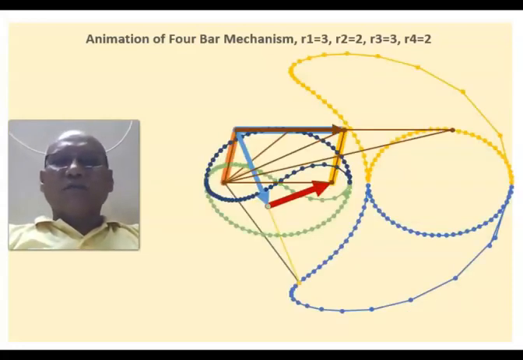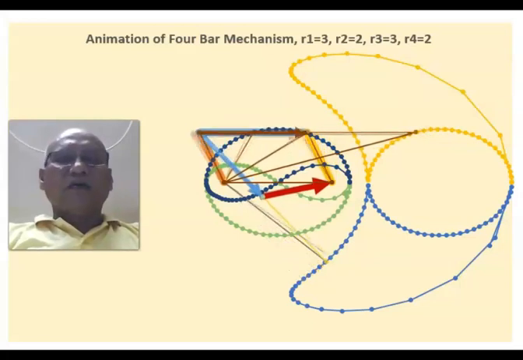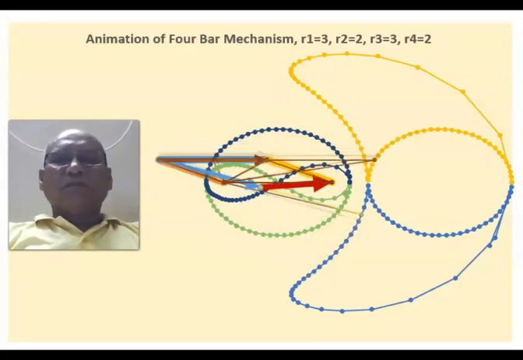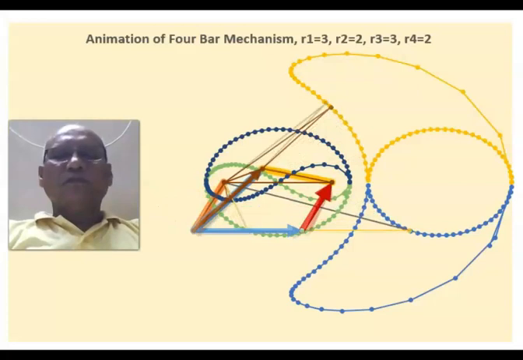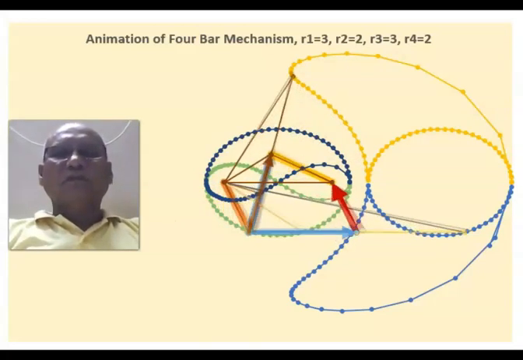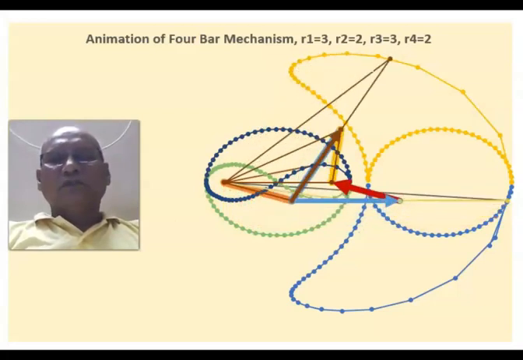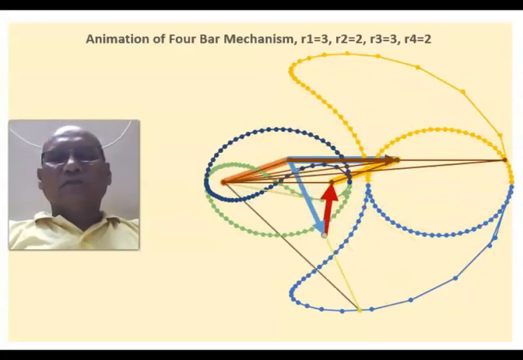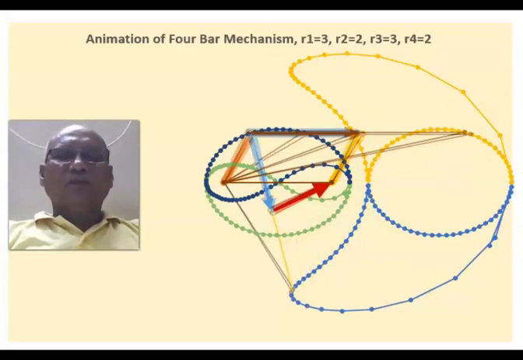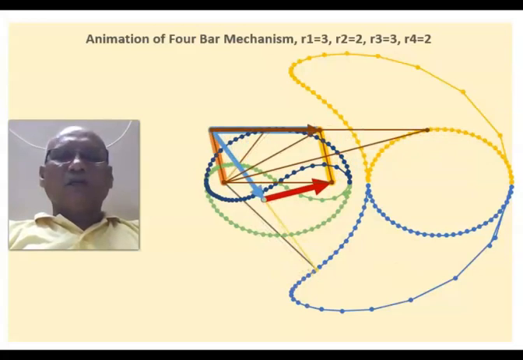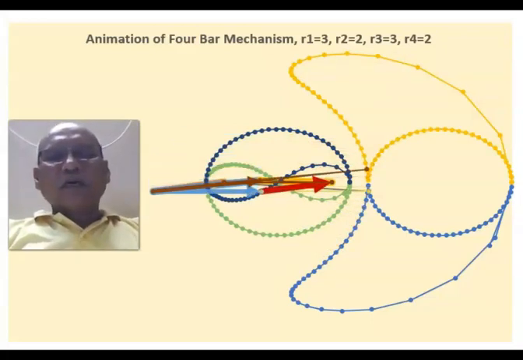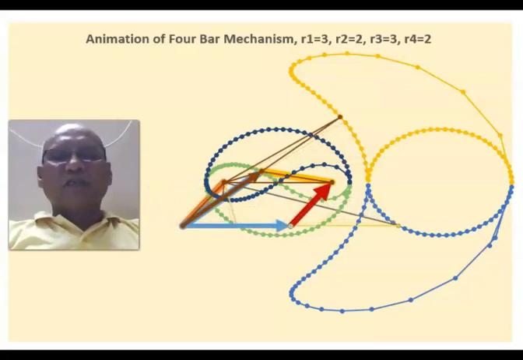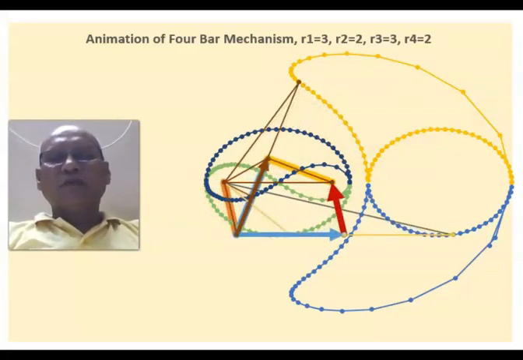Here you can observe that when the crank rotates, the coupler can take two paths, and this is showing, and accordingly two types of graphs it creates.